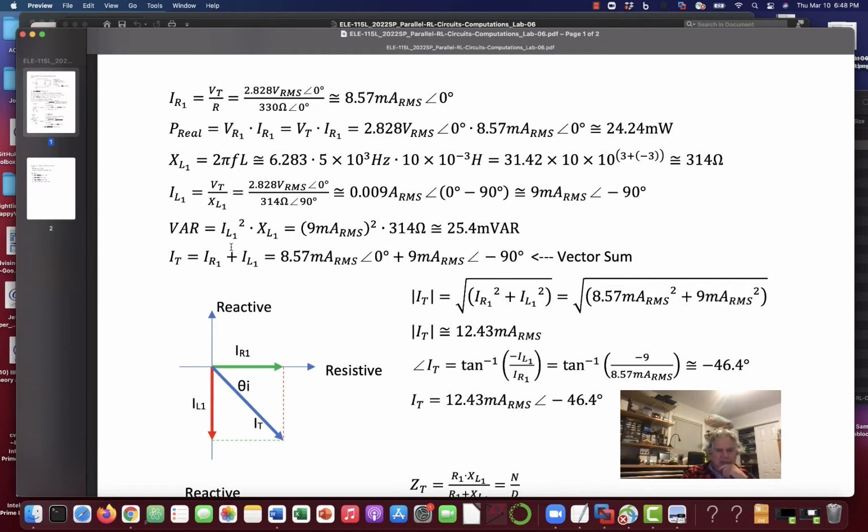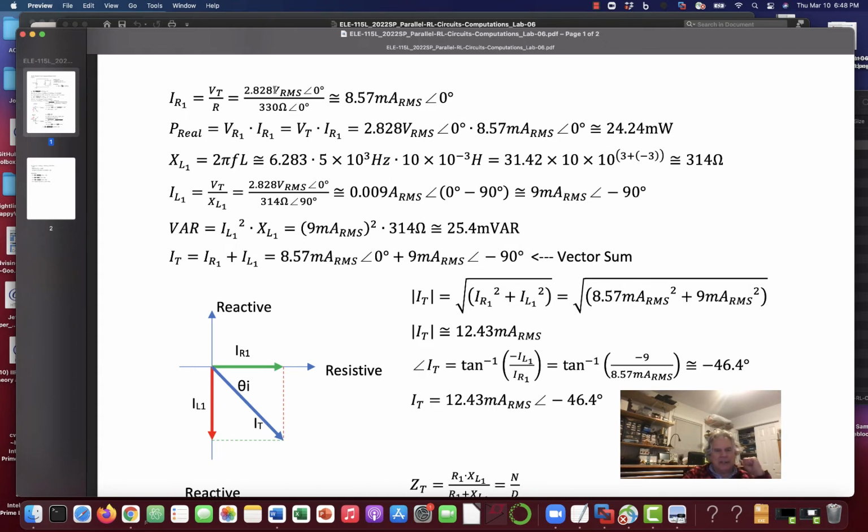If I multiplied IL1 by VL, I would get 9 milliamps times 2.828 volts.